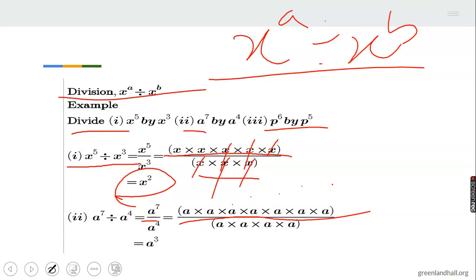And as our denominator, we have a times a times a times a. Now, by the time you cancel out, what you have left is a times a times a, which is equal to a raised to power 3.